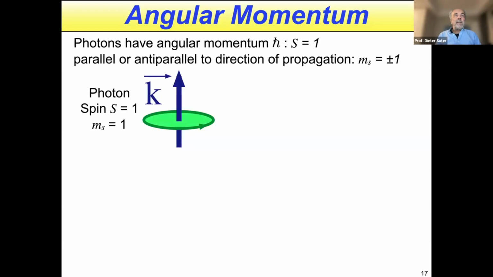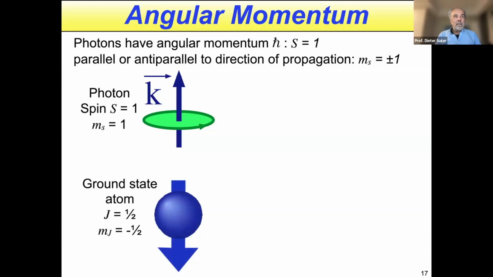Now, let's look at the specific situation. Let's assume we have a laser beam with circularly polarized light. That means the photons are all polarized parallel to the direction of propagation. And let these photons now interact with an atom, which we assume to be in the ground state. It has an angular momentum of h bar over 2, polarized in the down state, as you see here.